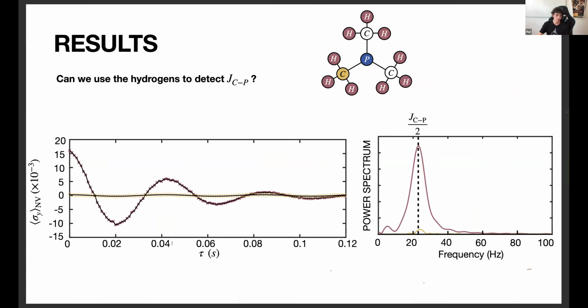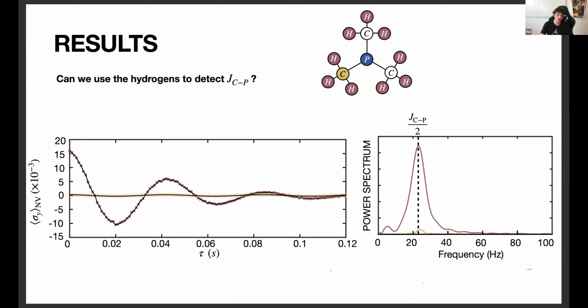In the signals, the yellow circles correspond to directly measuring the carbon. So notice how the amplitude is quite small. And the red crosses correspond to applying our new sequence to the hydrogen. So in the end, I end up reading the hydrogens. And it turns out that the amplitude is much, much higher in this case. So in principle, it works.